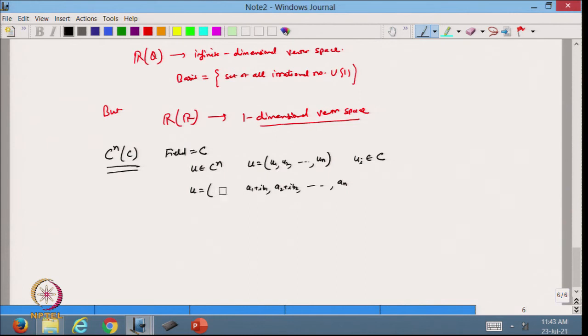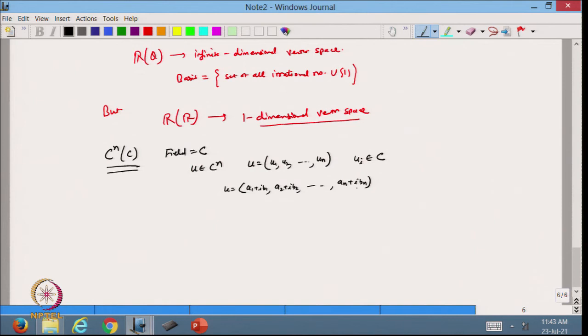So, I just start from the 1 itself. So, it is an plus i bn. So, this is my u basically. So, u is always of this form, because all the components are also complex.